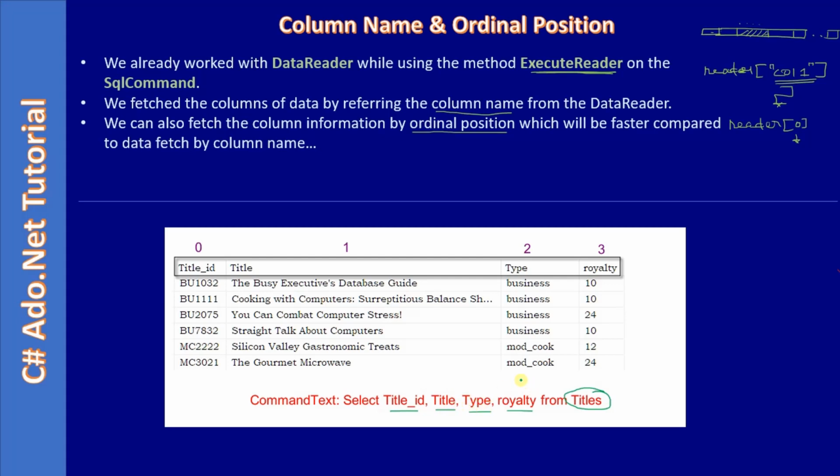When you want to use the reader object, you can write reader of type to read content, or you can also use reader of 2. Since it's an ordinal position, the string based comparison is avoided. It will just make the offset and pick the content from offset location 2. That way this will be faster compared to the column name comparison.